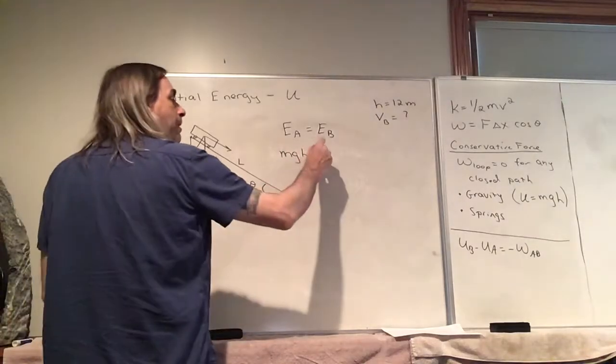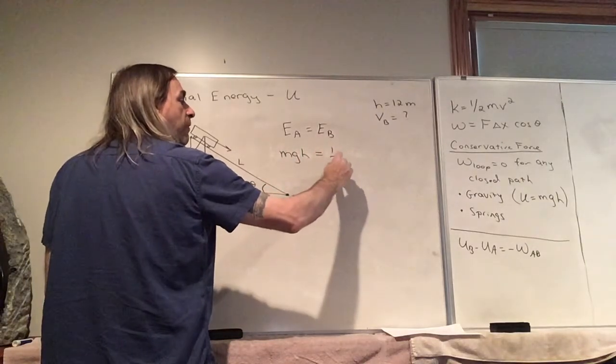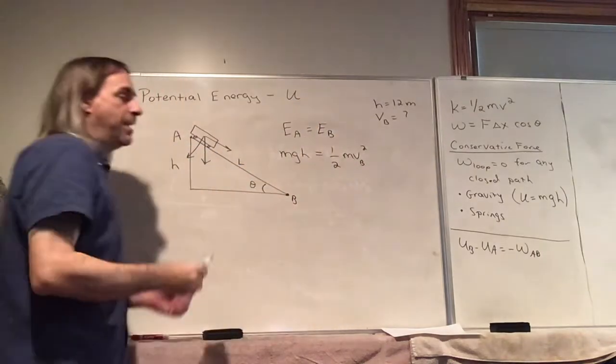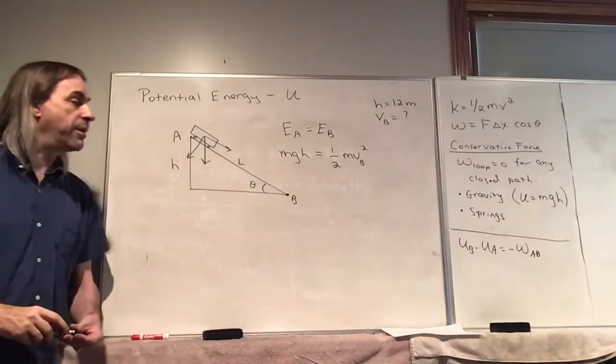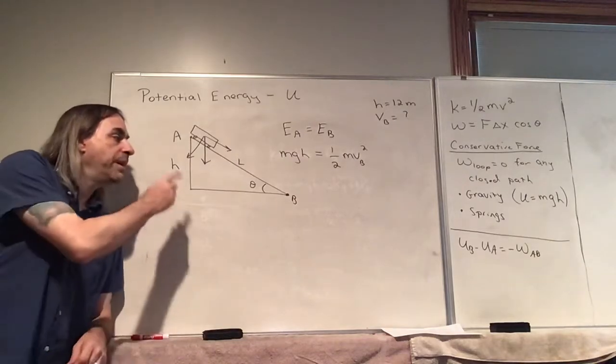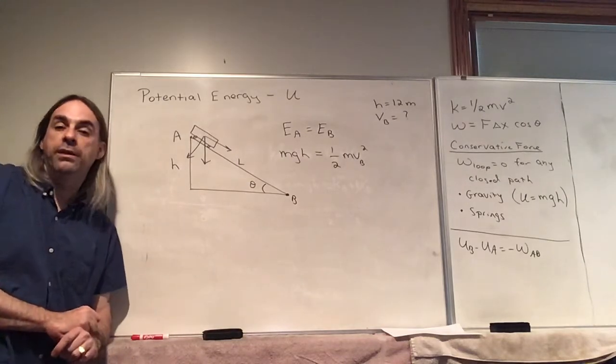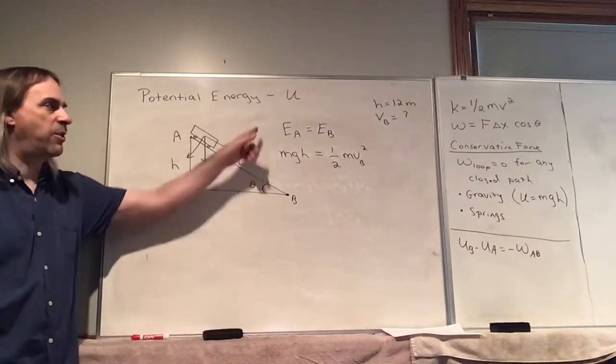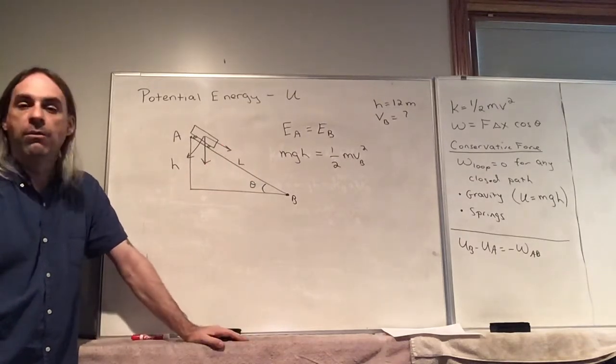And then at the bottom, potential energy is 0, so we have 1/2 mv squared. And again, it's very quick to solve this problem. If all we want to know is how fast this object is moving at the bottom of the incline, it's pretty much 2 lines, and this first one you don't necessarily need to write down anyway.